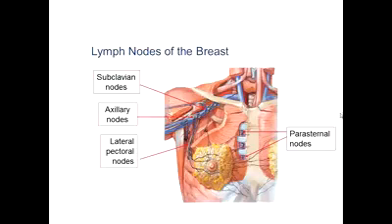So look at this picture. Nodes from the medial side go to the parasternal nodes. Nodes on the lateral side go into the subclavian, axillary, and lateral pectoral nodes. Basically four sets.